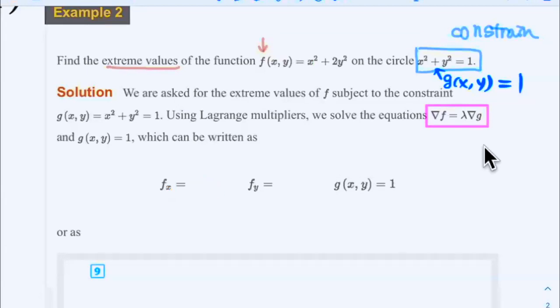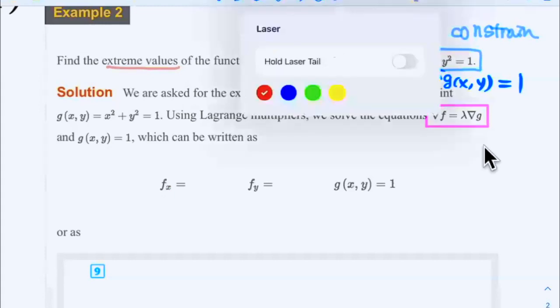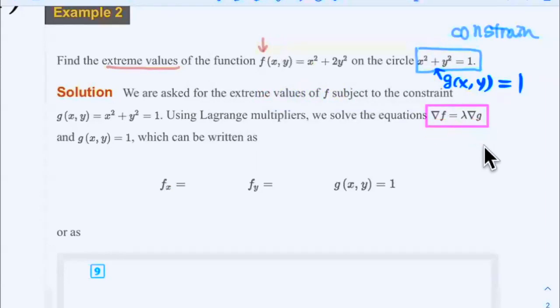What should I put over here? Yeah, that's equal to 2x. But according to this equation, that will be lambda times the partial derivative of g with respect to x, right?